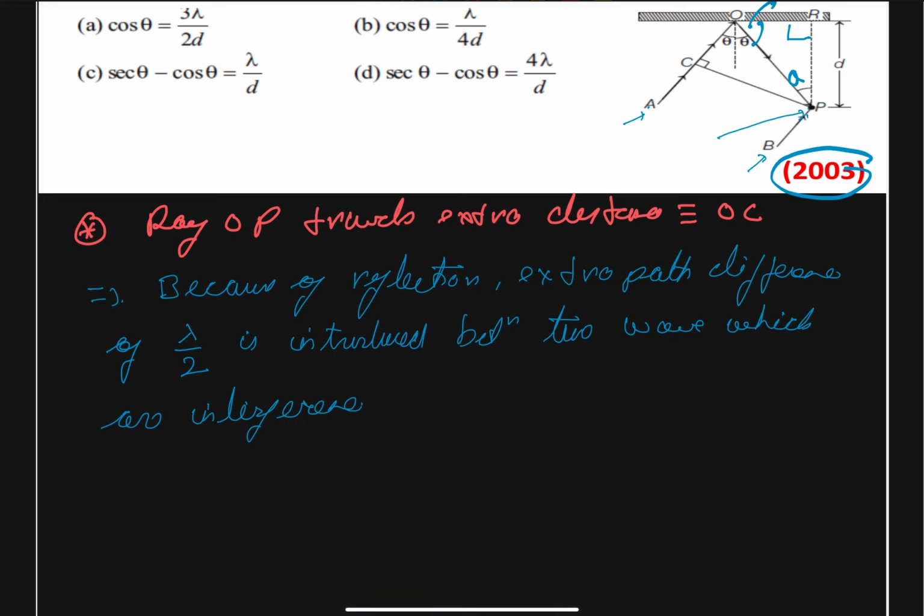So it means that for the condition of interference, the total path difference should be an integral multiple of lambda by 2.